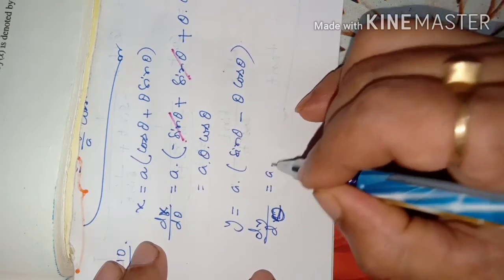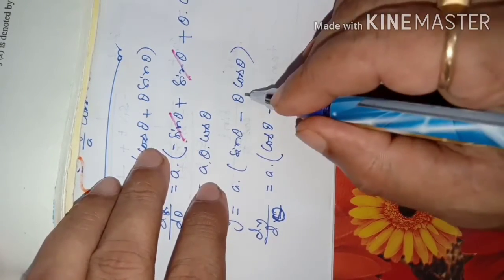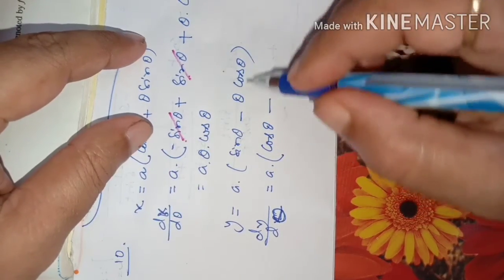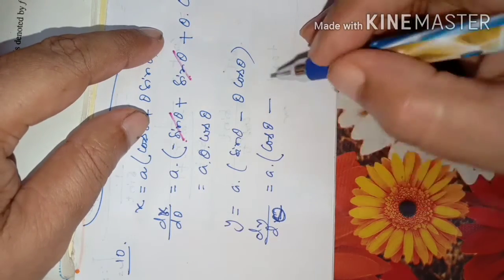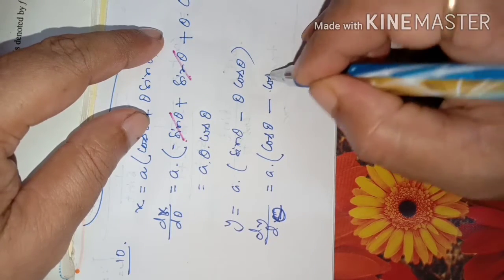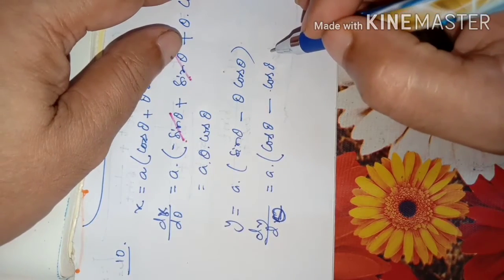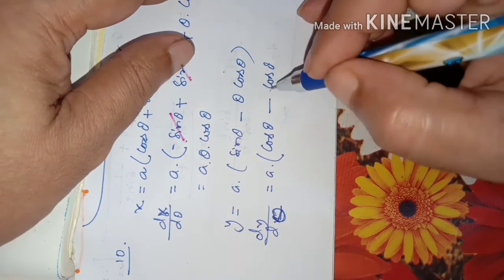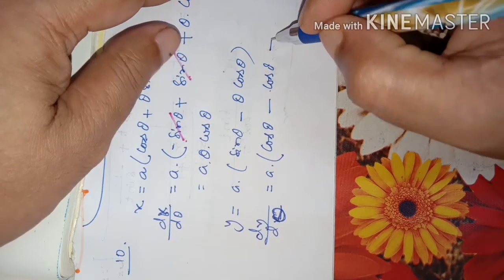So a as it is, sin theta's derivative is cos theta, minus this one as a product. This one is a product, you can consider theta into cos theta. So d by d theta of theta is 1, then into cos theta. Then here plus sign, but before this there is a minus sign. This will affect that whole thing. So it will be minus.